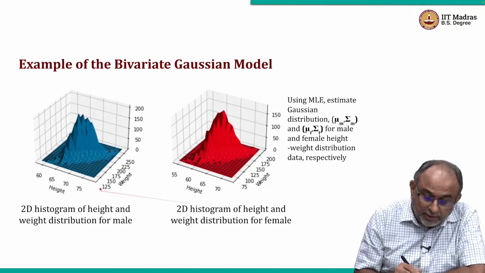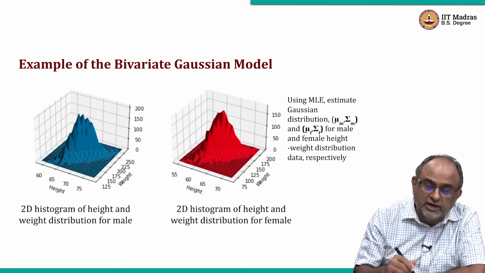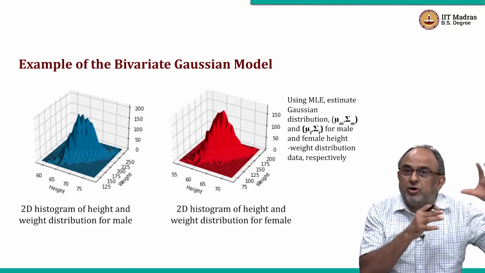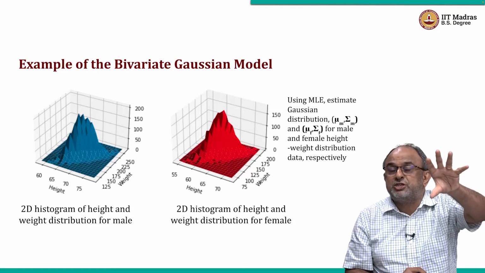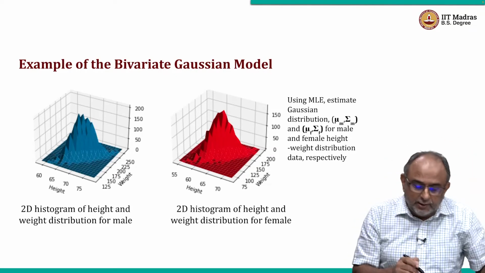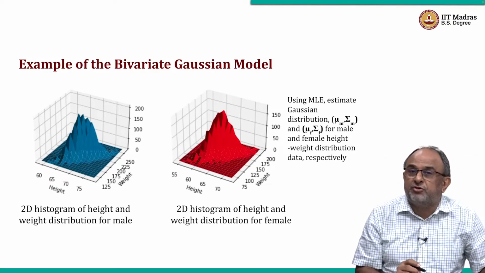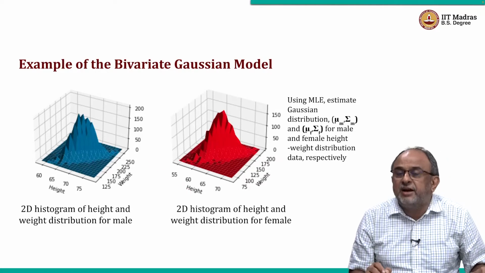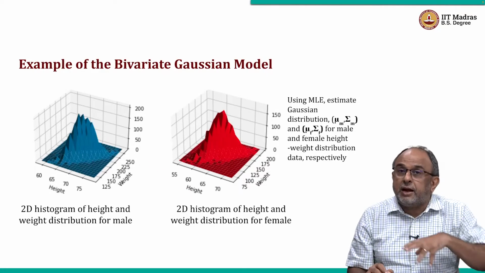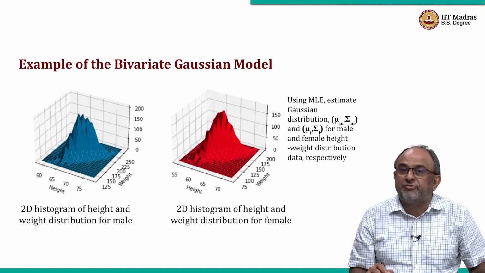So now I have 2 dimensional features. I collect all the measurements of heights and weights, know which gender they came from, and build a bivariate Gaussian for the male model. Similarly, I measure all the heights and weights of females and build a bivariate Gaussian for females.